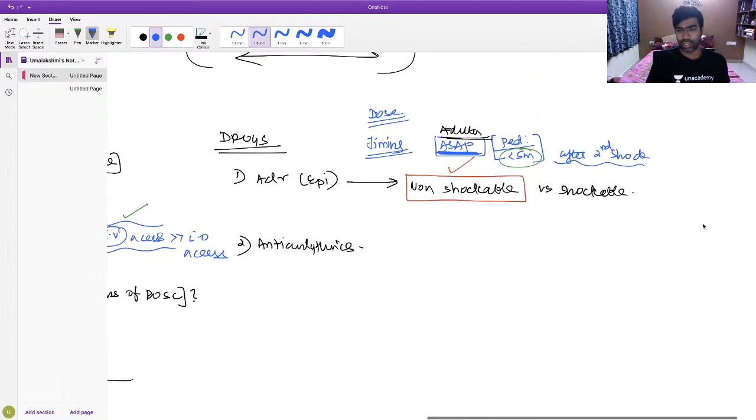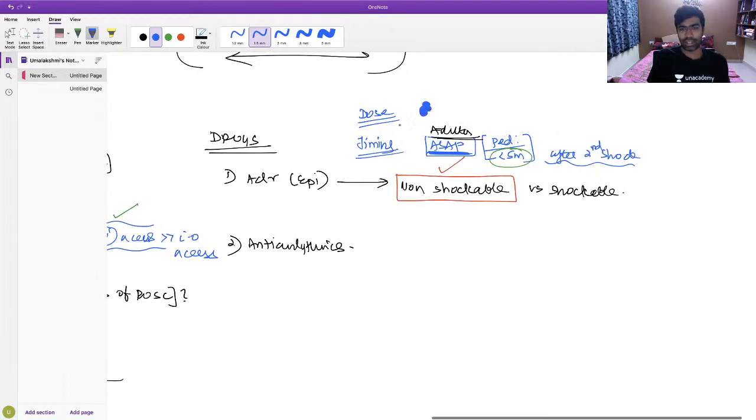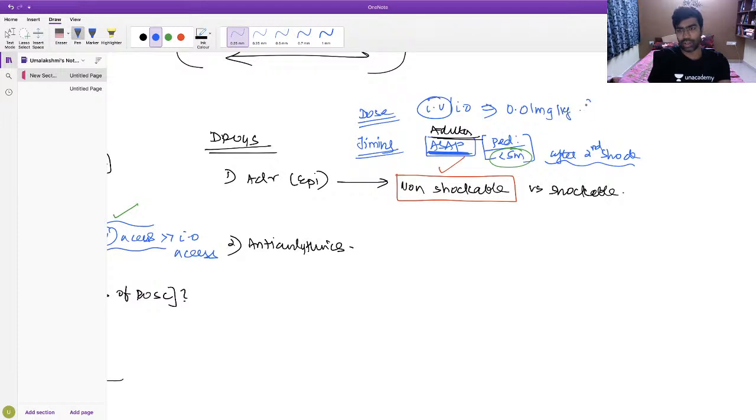As far as the dosing is concerned, if the patient is having an IV or an IO access, even though it's been clear that IV access is much superior, we're going to use the dose of 0.01 milligram per kilogram. That's the standard dose, or alternatively 0.1 ml per kilogram.